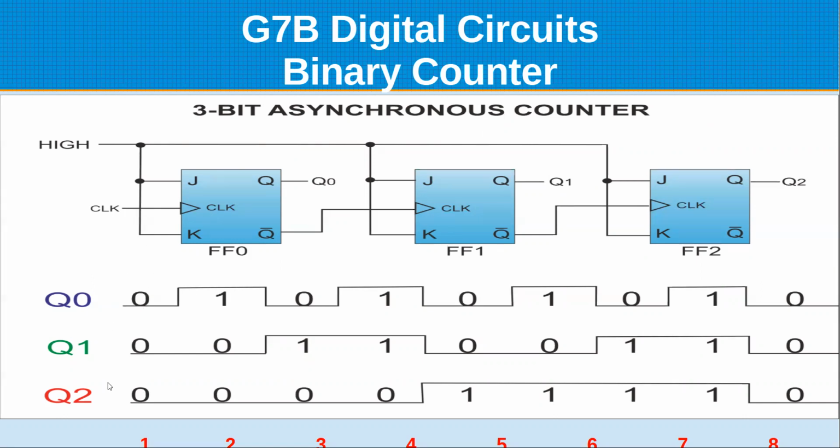And every time there's a clock, you can see it's going to count, and Q0 being the least significant bit, it's going to count up 1, 2, 3, 4, 5, all the way up to 7, which is the 8th state, because we start at 0. And then it starts over.